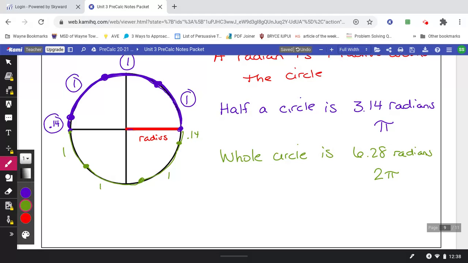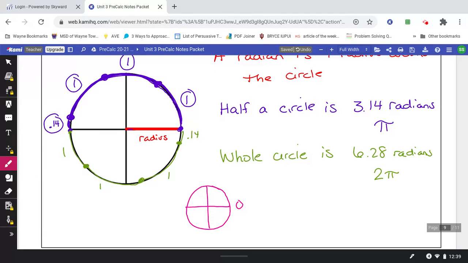So to simplify this, if you're traveling around a circle, just like we had at the beginning, you'd start off with 0, go all the way around to pi, and all the way back around to 2 pi, just like we would do with our 0, 180, and 360.